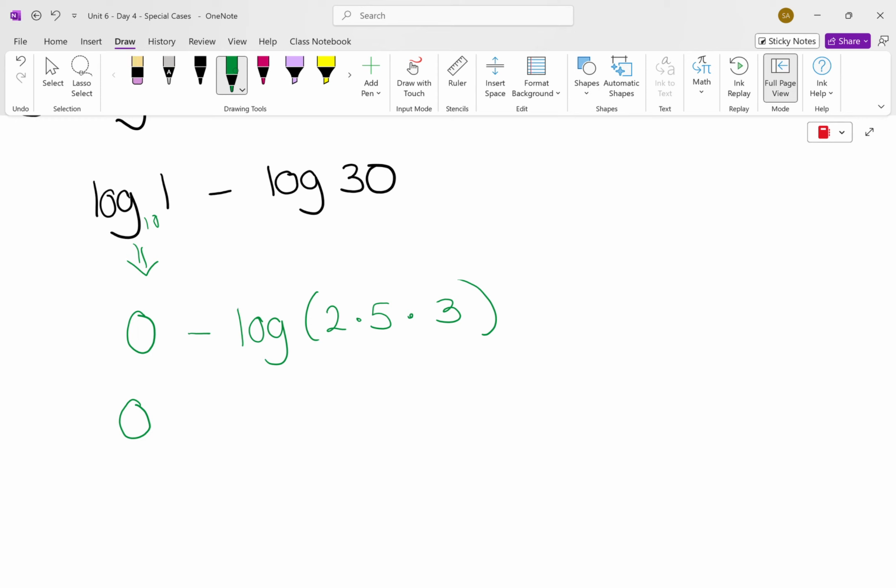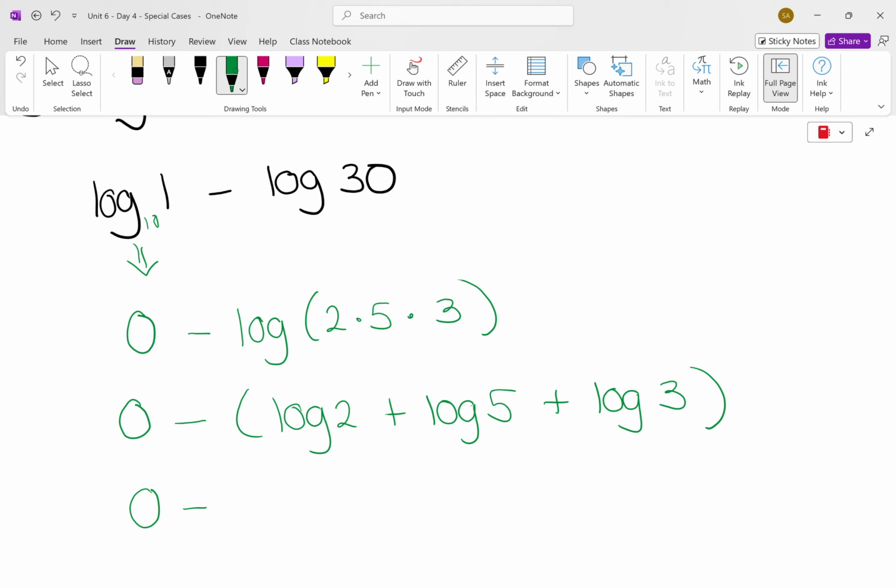Make them all into logs. Good, and put what between them? Addition. So now I have log of 2 plus log of 5 plus log of 3. Is it important that I put parentheses around this? Yeah, because we're subtracting this whole quantity, not just one part of it.